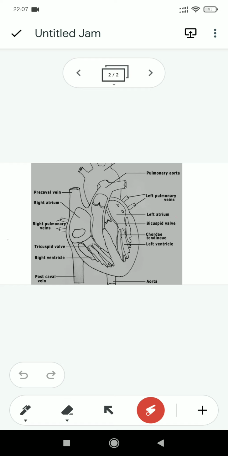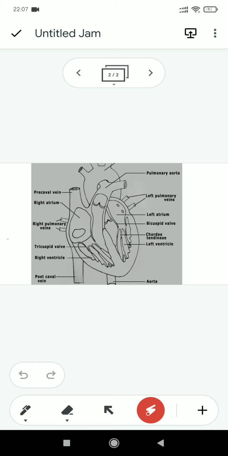It also acts as a gate and does not allow the blood to move in the other direction. It only helps the blood move in one direction. As soon as the blood enters into the left ventricle, it suddenly closes because it does not want the blood to enter into any other direction.